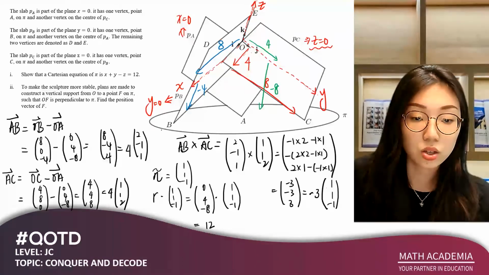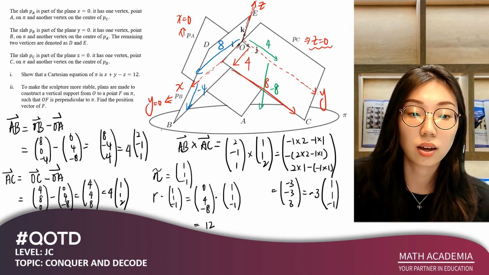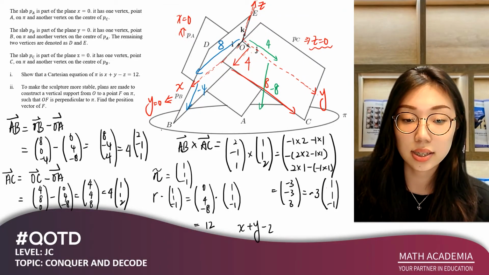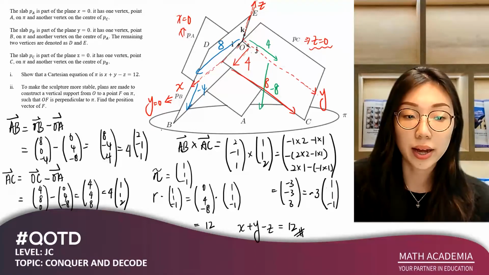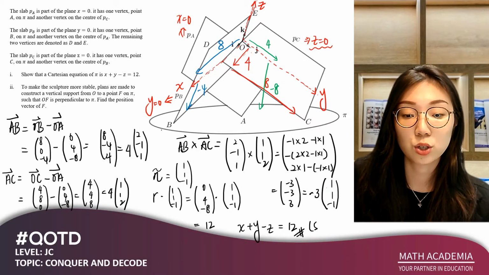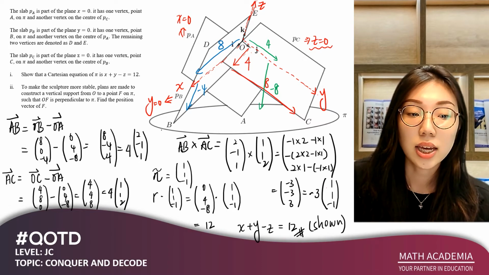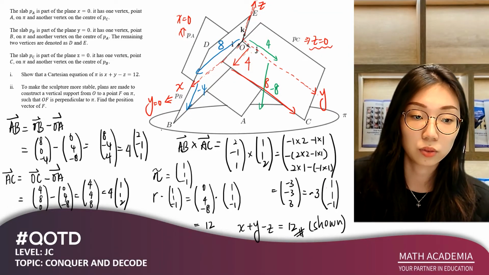Therefore, I would derive the Cartesian equation of pi as x plus y minus z equals 12. This would be my answer for part 1, and I have shown that the Cartesian equation of pi is x plus y minus z equals 12.